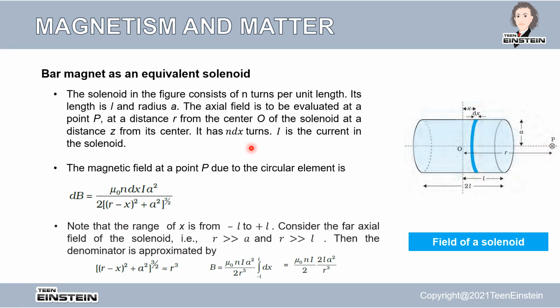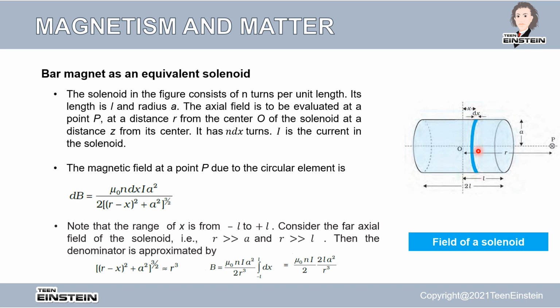Now it has n dx turns. If you take a small element dx here, it will have n dx turns because n is the number of turns per unit length. If you multiply by the length dx, you get the number of turns in this length. I is the current in the solenoid.